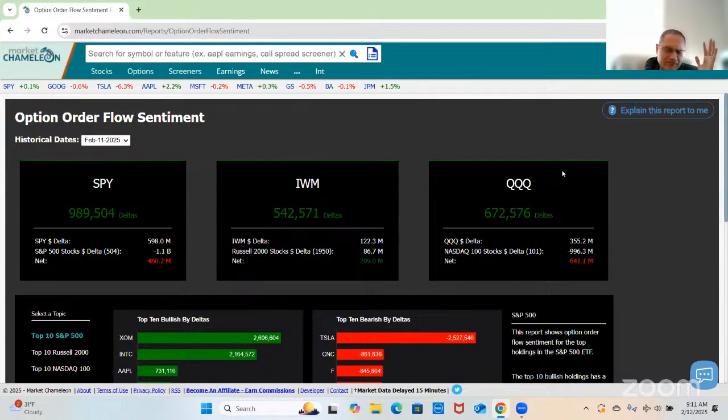Keep in mind, it's not from one trade in a specific option. This is aggregated, a running aggregate from all day. So it would be equivalent to 1 million shares of stock positive for a dollar move. If it moves down, you're down a million, up a million.